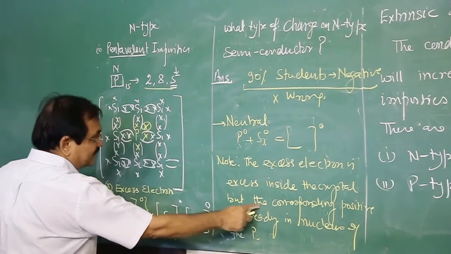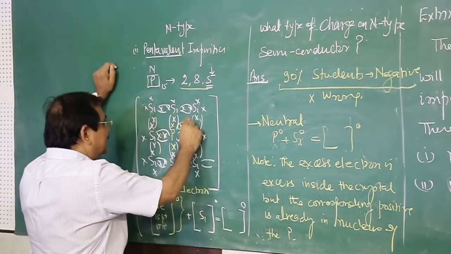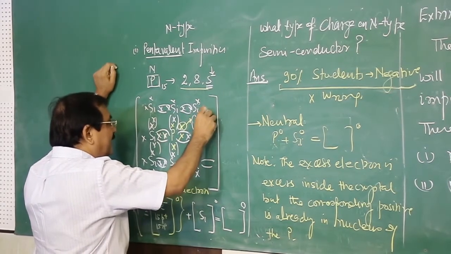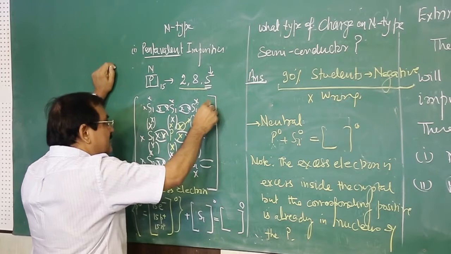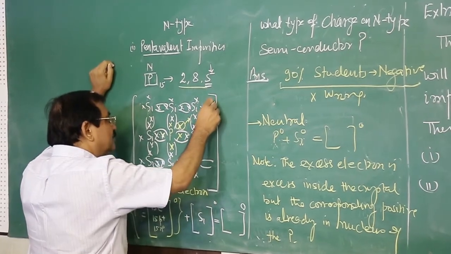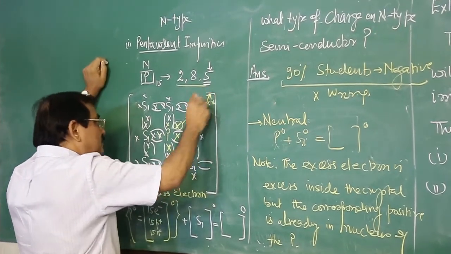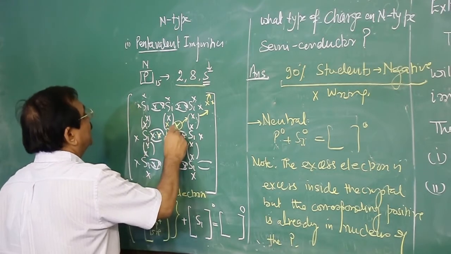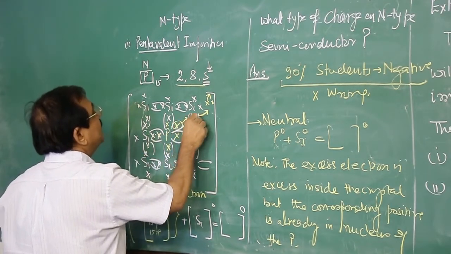So, this excess electron is free and moves somewhere else. Suppose there is an electron, and it is moving. In this way electrons start moving from this way to this way to this way.